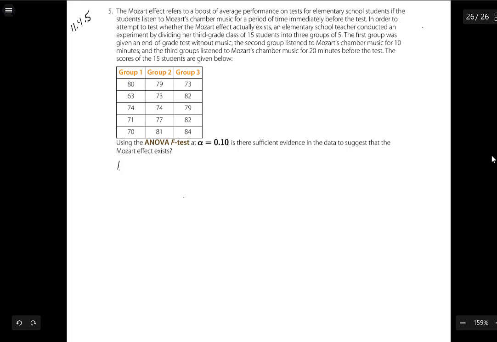Our first step is determining the null hypothesis and the alternative hypothesis. And in this case, when we're doing ANOVA tests, the null is that all the means are going to be the same.